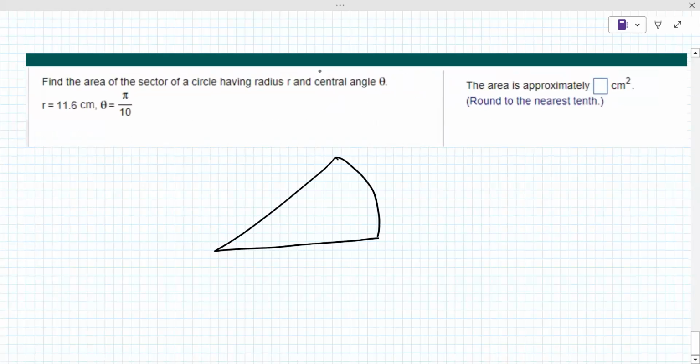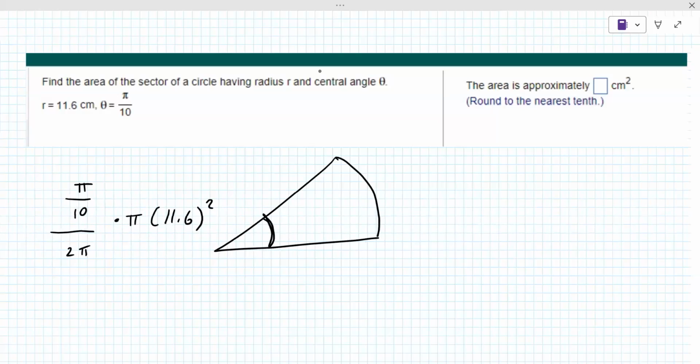I prefer to do it this way where I take the angle and divide it by 2 pi. That looks really complicated, but it's the fraction of the circle. And then you multiply by pi r squared, 11.6 squared like that.